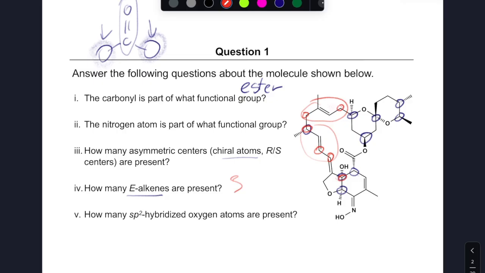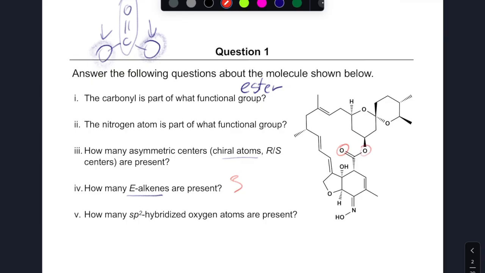How many sp2 hybridized oxygen atoms are present? Now remember, to be sp2 hybridized, we're saying it's an oxygen that either has a double bond or is part of a resonance isomer that reduces its hybridization to an sp2. So this one already is, because it has a pi system.